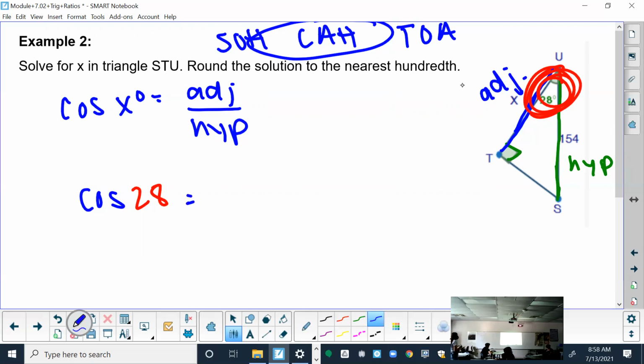The adjacent side goes on top. That one is labeled as x, so I'm going to put that there. Hypotenuse goes on the bottom, and that one is labeled as 154. Now we're just solving for x. How can I get the x by itself?